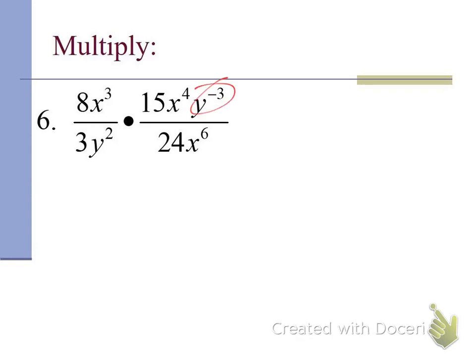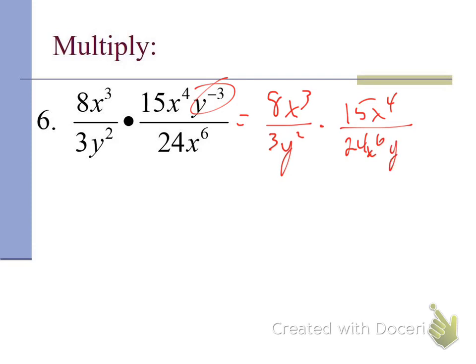So in number 6, we've got this y to the negative third. We would want to drop that down into the denominator and go ahead and make it positive. Normally, I wait until I'm all done with everything before I make positive exponents. But for this cross simplification and this diagonal and vertical simplification, I want to make sure that all of my exponents are positive.